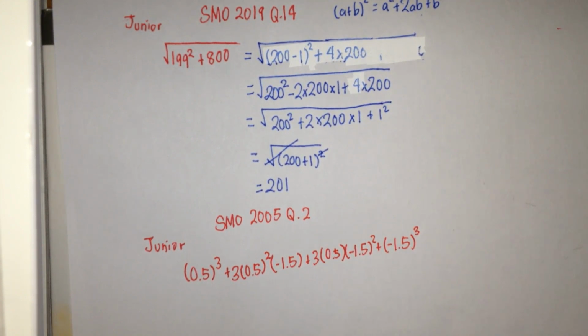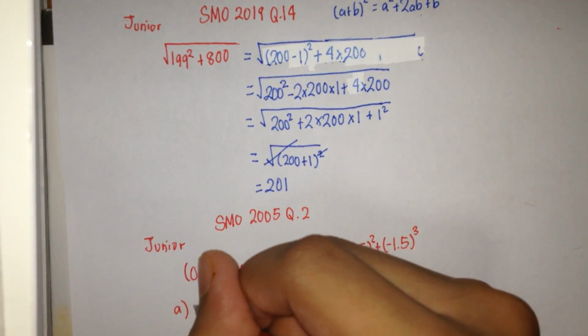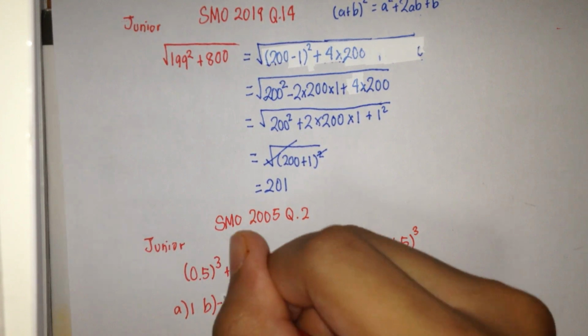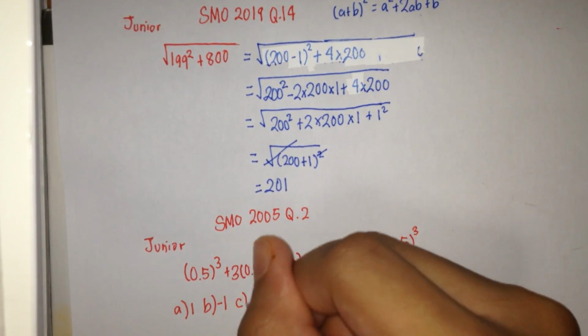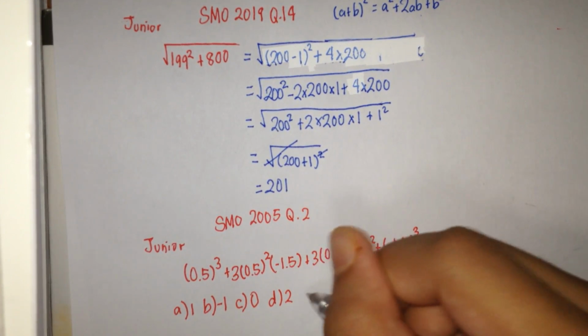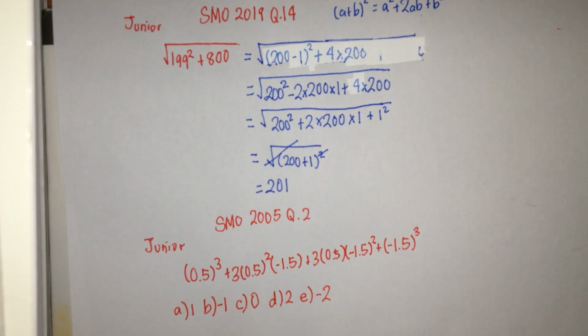Now, this question is a multiple choice. Let me give you the options. Option A, 1. Option B, negative 1. Option C, 0. Option D, 2. Option E, negative 2. Now, how do we solve this?